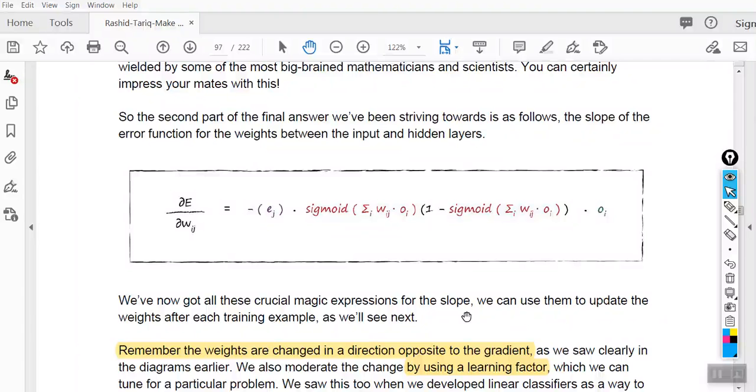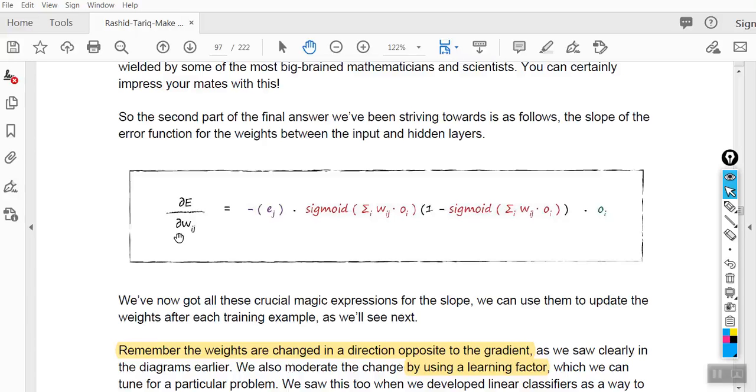In the previous session, we talked about how we can update the error on the weighting links of the neural network. We said that using gradient descent, we can do it.